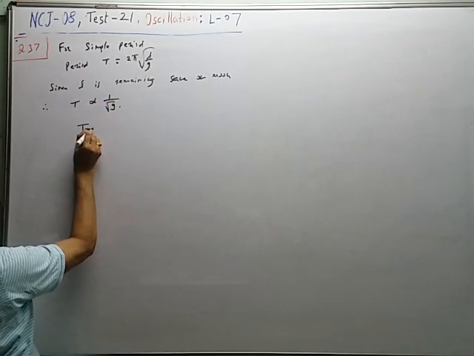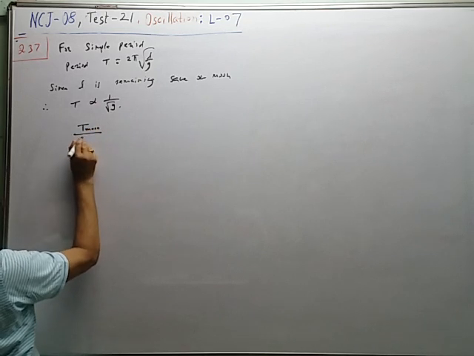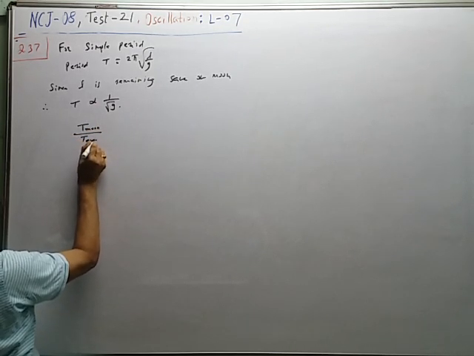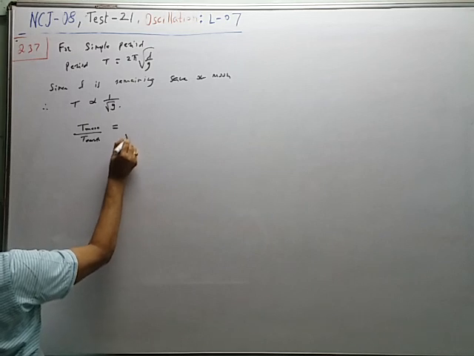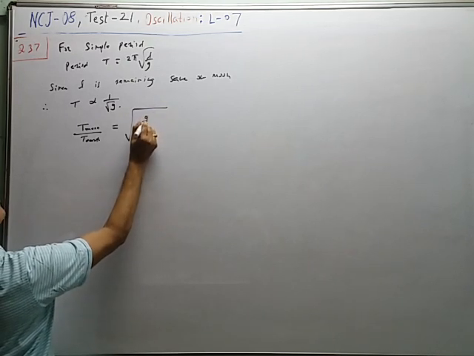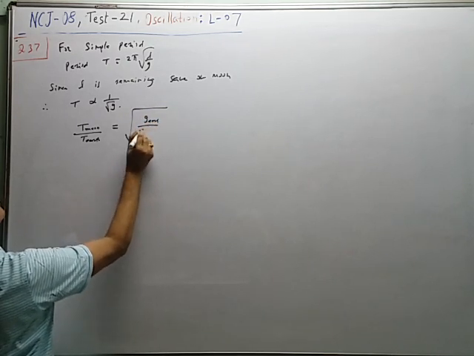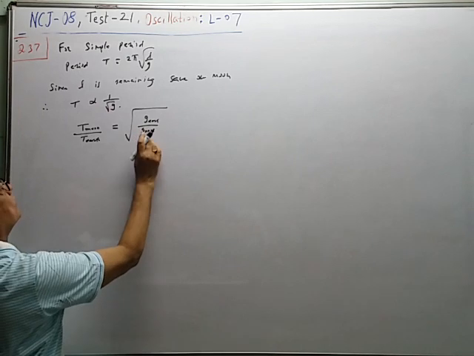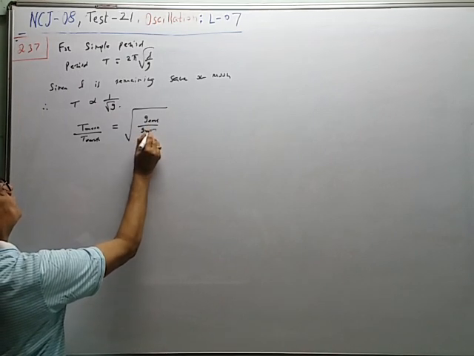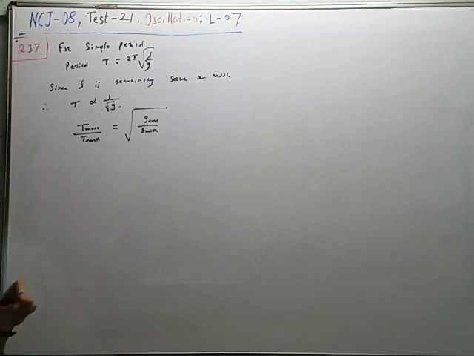Therefore T on moon divided by T on earth is equal to under root of g earth upon g moon, like this.